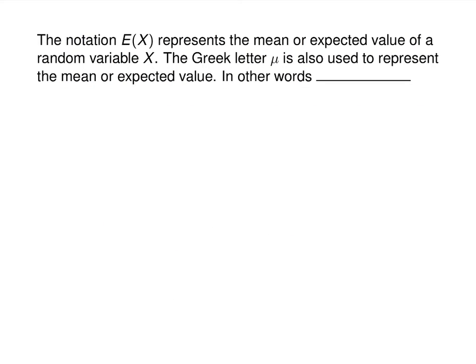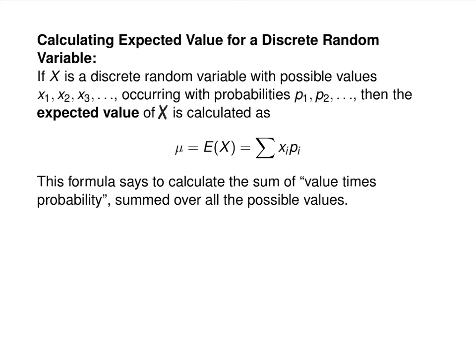So the notation E of x represents the mean or expected value of a random variable x. And this Greek letter that looks kind of like a U, but is pronounced mu, is used to represent the mean or expected value. In other words, E of x equals mu. Those are the same thing. You just have to know that those two expressions are mathematically synonymous.